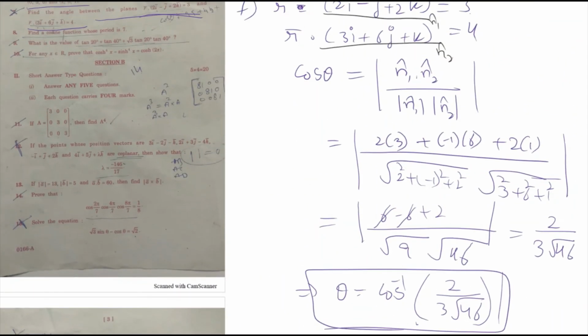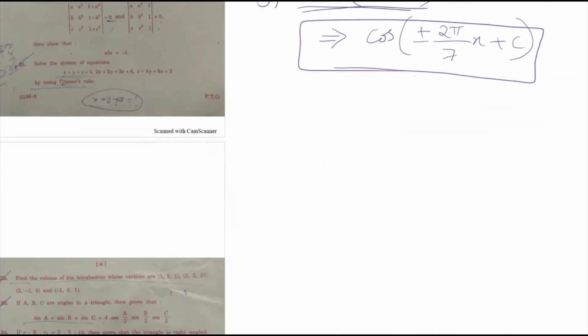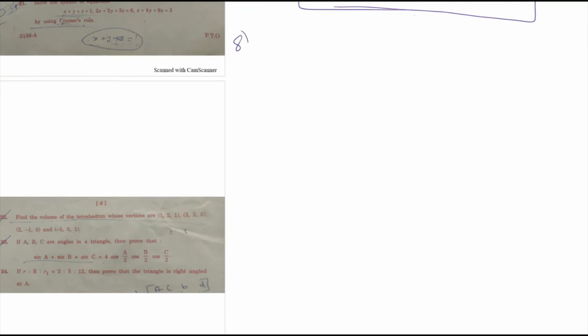Next one, 9th one. What is the value of tan 20 plus tan 40 plus root 3 into tan 20 tan 40? We need to find the value of tan 20 plus tan 40 plus root 3 into tan 20 tan 40. I know that 20 plus 40 equals 60.